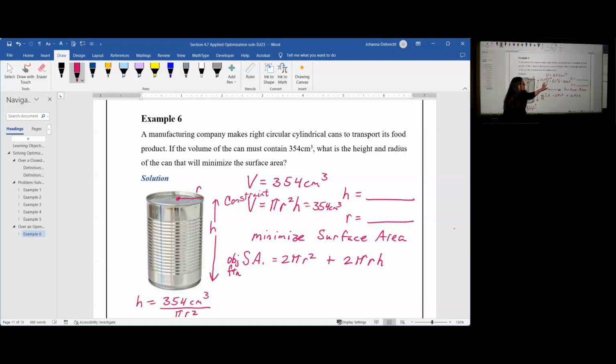This is coming from the constraint of the volume. Now that I have an expression for h, I can replace it in the objective function to get an equation in terms of just r. Go ahead and pause the video, work out the rest of the problem, then turn the video back on to check your answer.